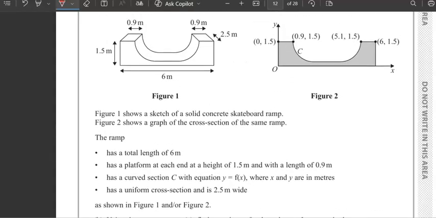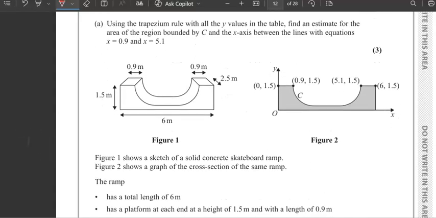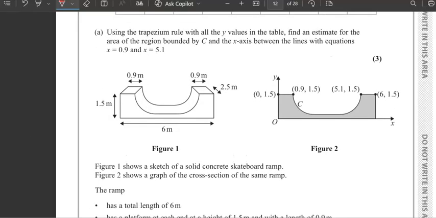Now we can start with part A. Part A, they are saying that using the trapezium rule with all the y values in the table, find an estimate for the area of the region bounded by C and the x-axis between the lines with the equations. So this is what we are going to do.